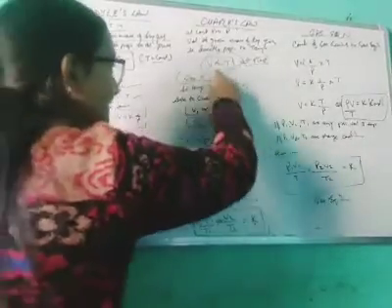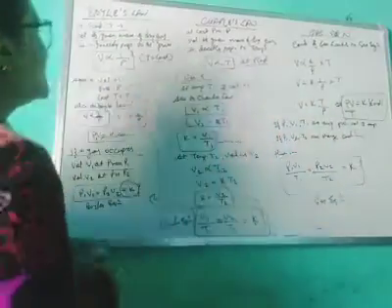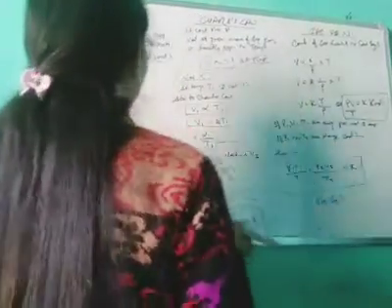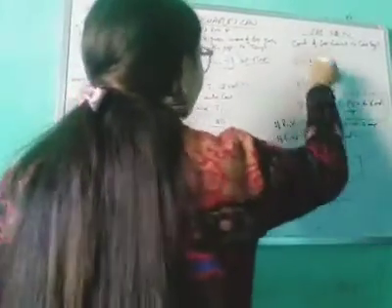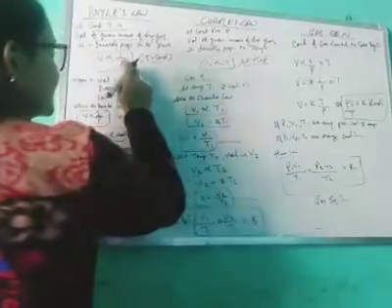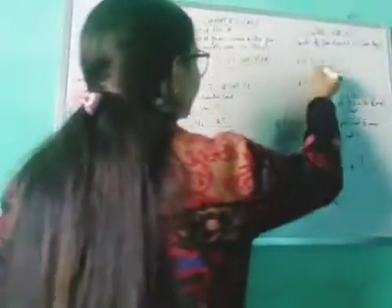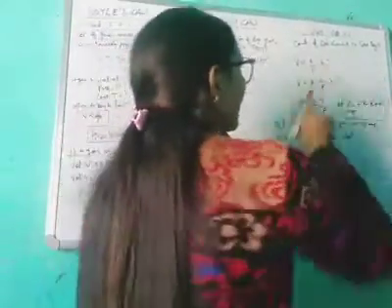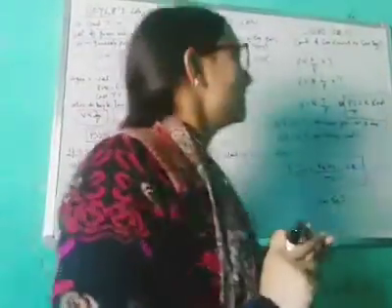According to this, V is directly proportional to temperature. So we have to put these both things together. We will write V is proportional to 1 upon P, and V is proportional to T. So V is common, into T. This is the combination of Charles law and Boyle's law together.